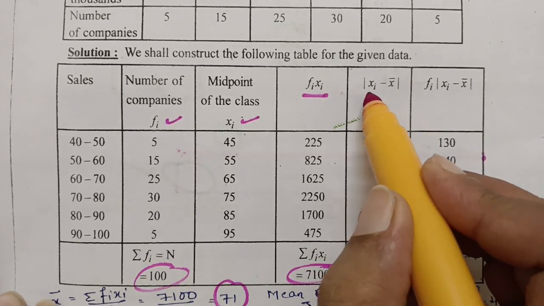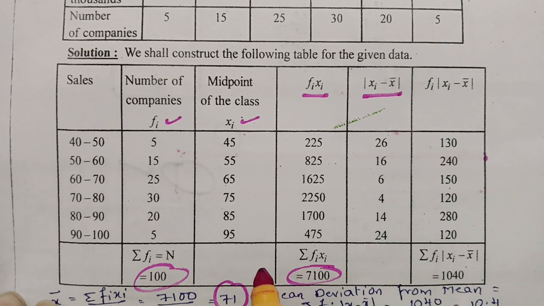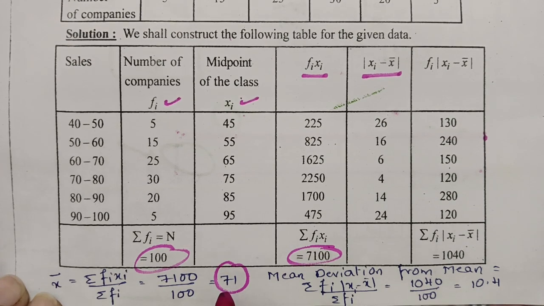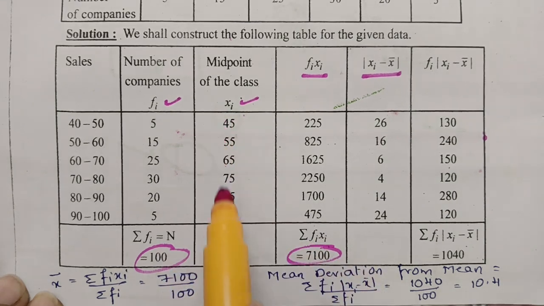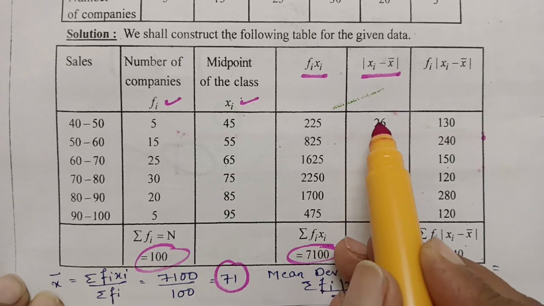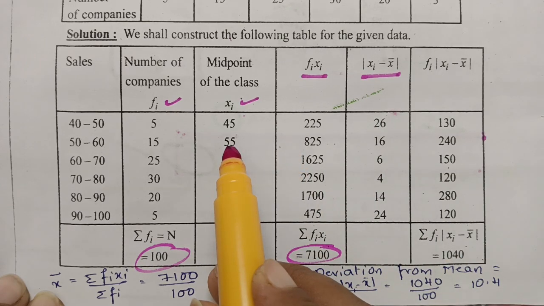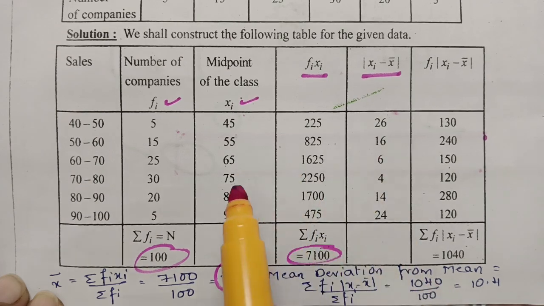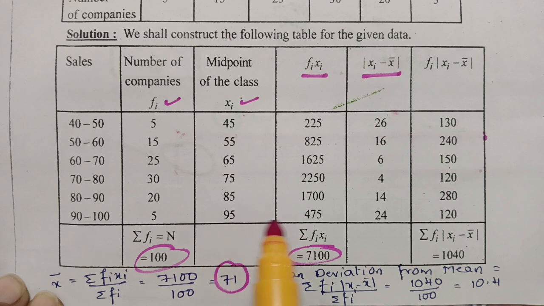Now we use the next column, that is modulus of xi minus x bar. We subtract 71 from each value of xi: modulus of 45 minus 71 is 26, 55 minus 71 is 16, 65 minus 71 is 6, 75 minus 71 is 4, 85 minus 71 is 14, and 95 minus 71 is 24.